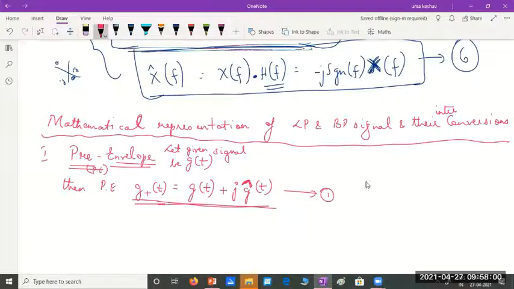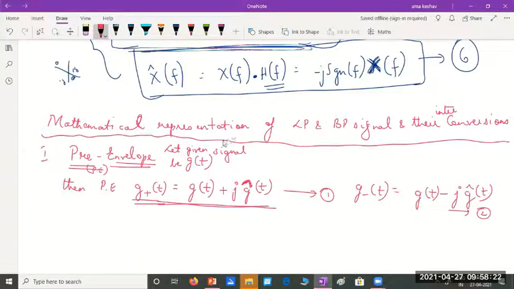On a similar basis, I can define g minus of t. This is defined for negative frequencies, while the earlier one is for positive. It can be defined as g of t minus j times g cap of t. So just remember these basic equations.